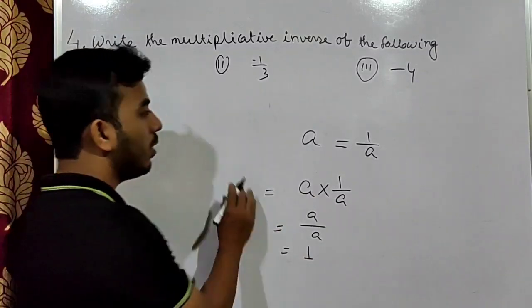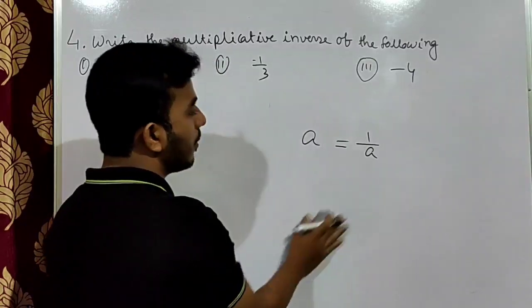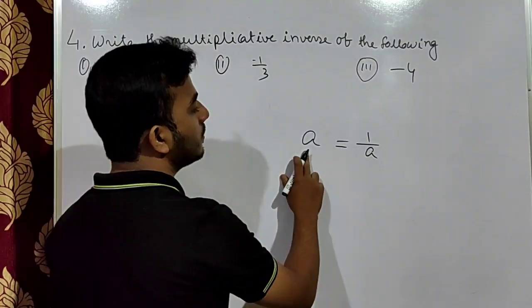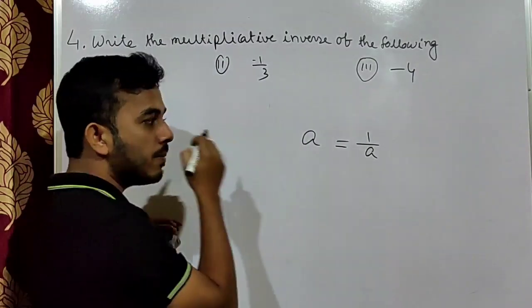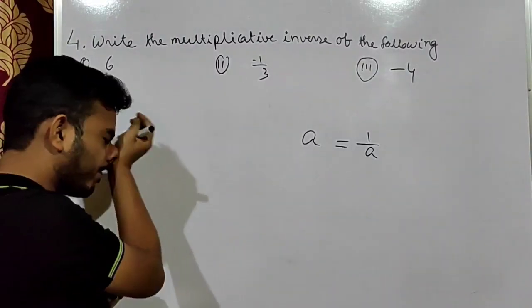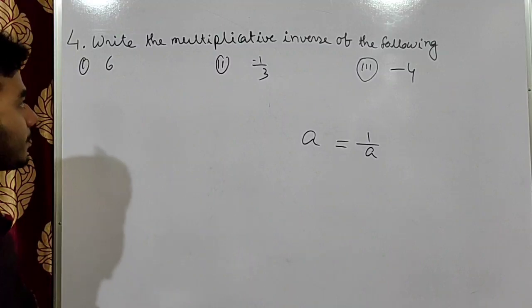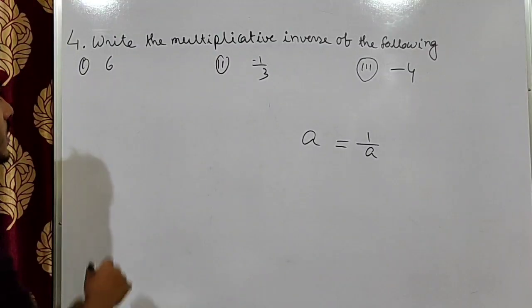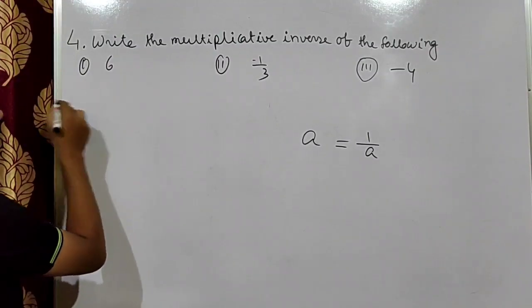Okay, so now this is our main form of a multiplicative inverse, that is if a is a number, its multiplicative inverse will be 1 by a. Okay, now our first number is 6.